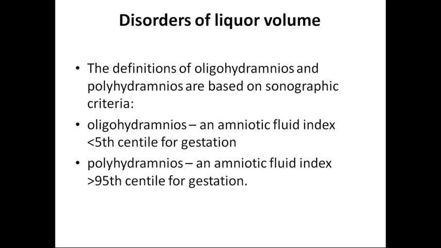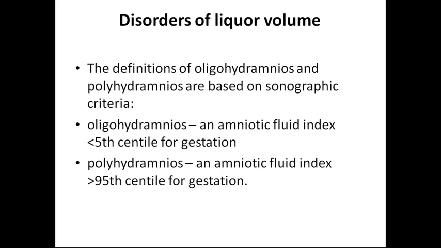Generally, when we speak about small for gestational age or large for gestational age, we usually speak about the 10th and 90th. But regarding the liquor, we find that even from the 10th to 5th, there are no problems in most pregnancies.